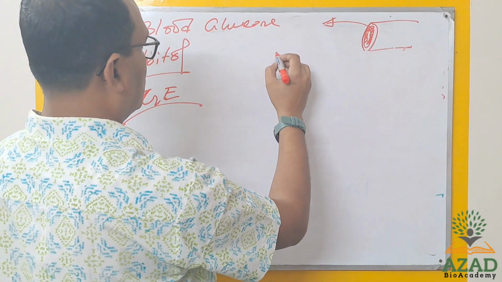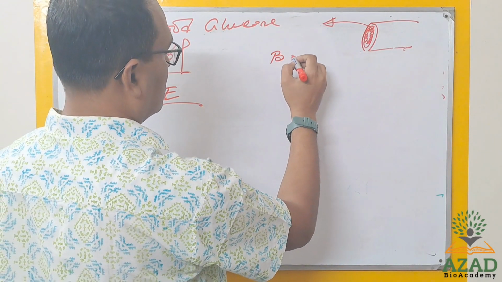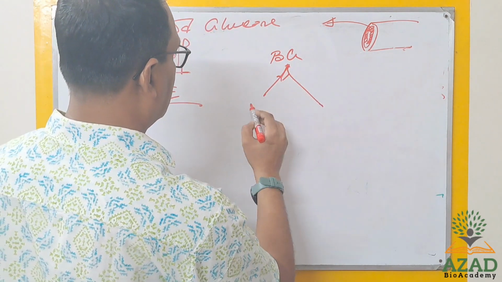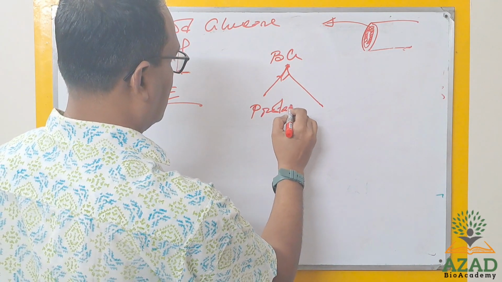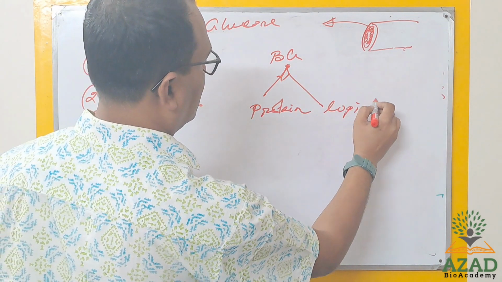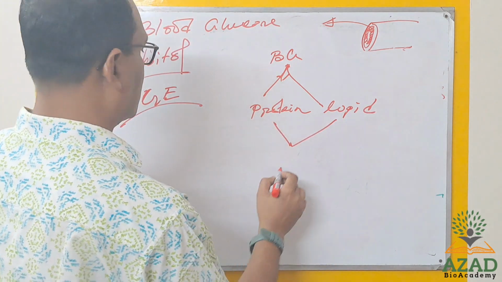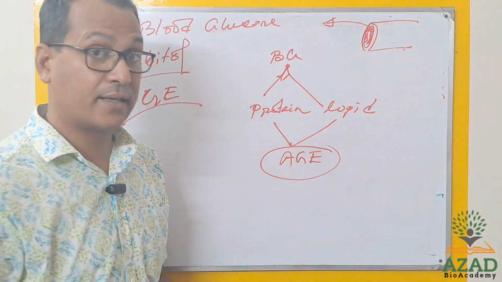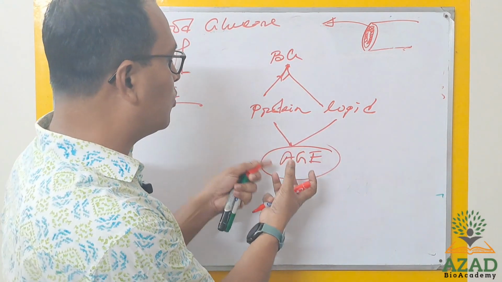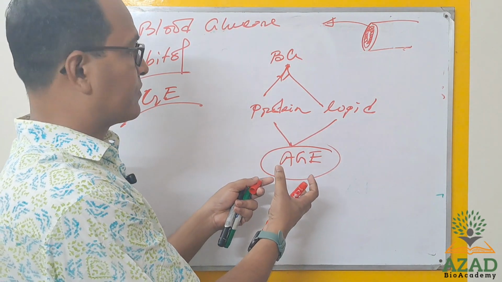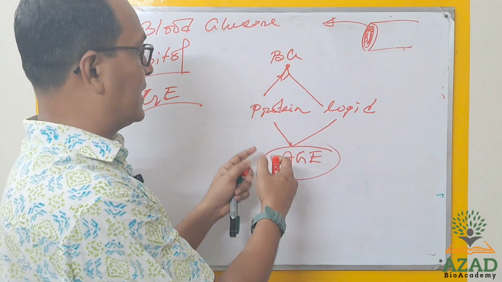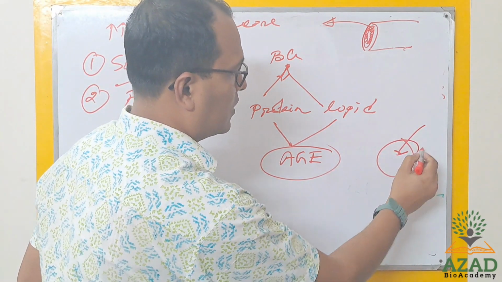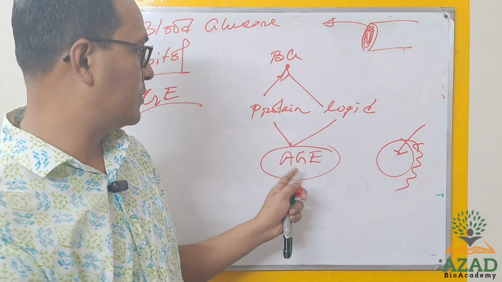Your blood glucose will bind with protein and lipid, and that will create a third product called AGE, advanced glycated end product. It is a very glue-like, adhesive-like substance, very sticky, and it may be produced within the cell or in your extracellular space.